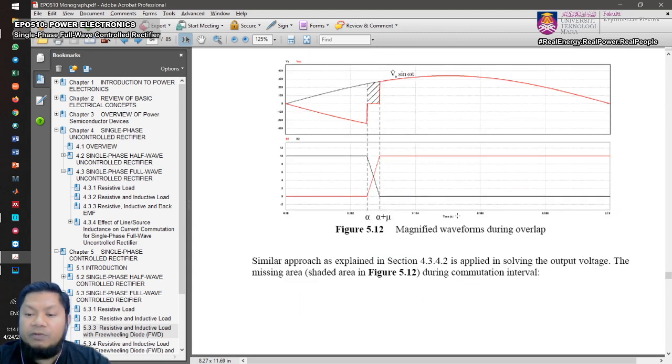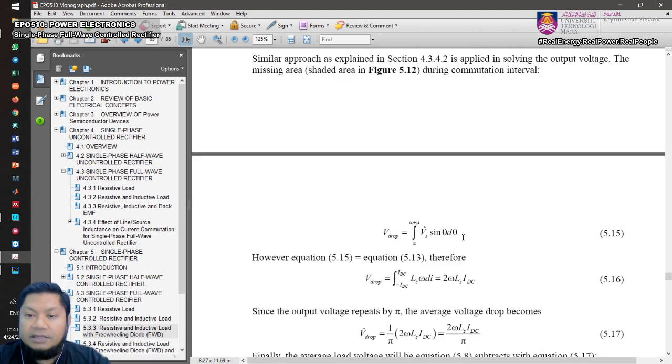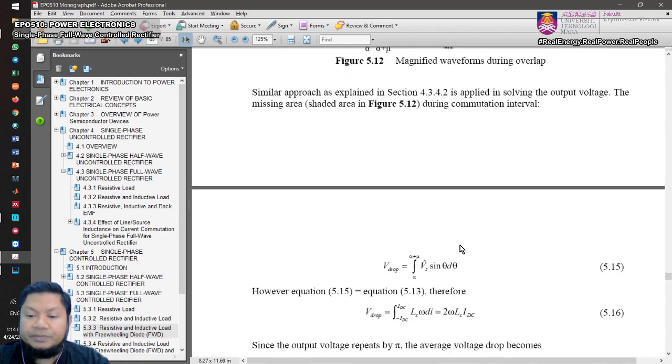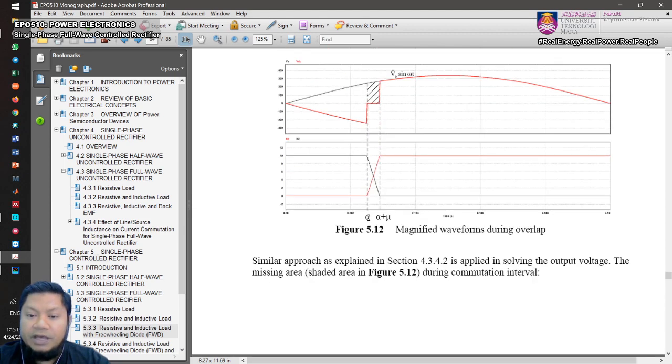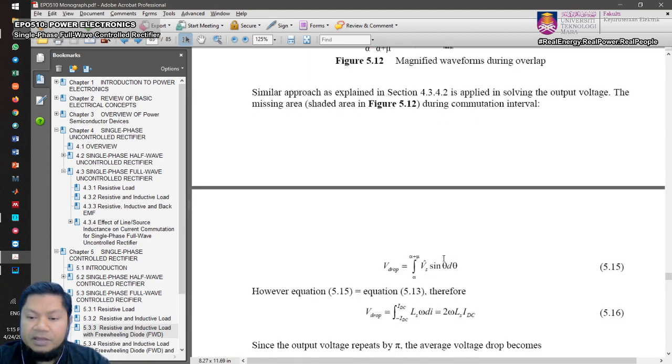Magnified waveform during wave overlap. Okay, so you have V drop. You need to integrate that, from alpha to alpha plus mu, and the same V peak sin theta.